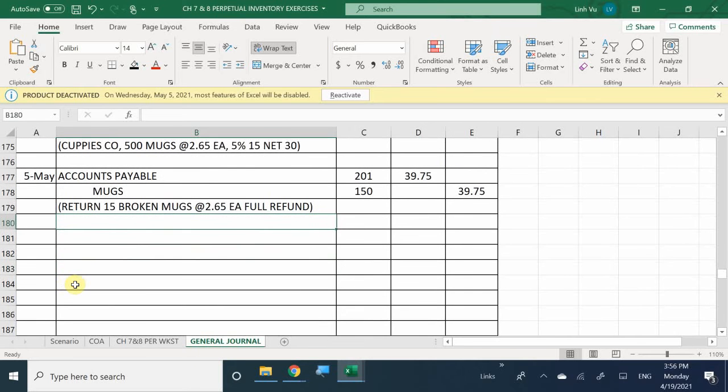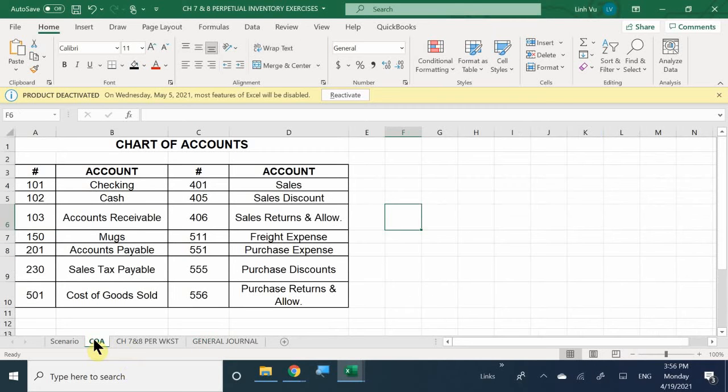All right, so first things first, what is the transaction that happened first before I update my inventory? What did I do first? You sold the mugs. Good. So what am I going to recognize? Not mugs. We're not updating our inventory right now. What are we doing? Sales?